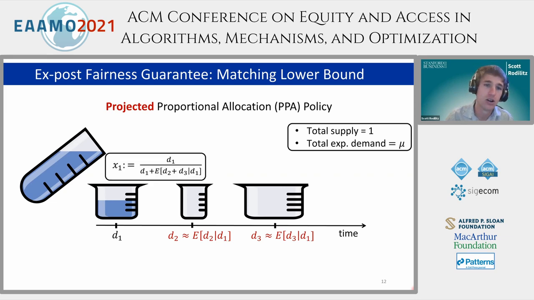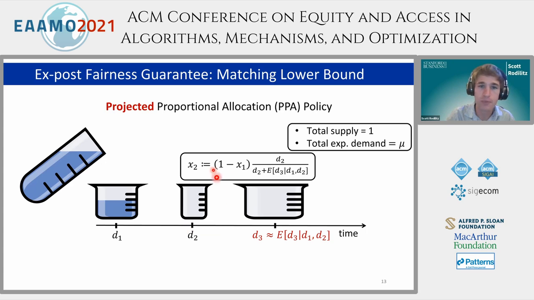To be precise, we're going to take our first observed demand, we'll take our full initial supply of 1, and we'll allocate to this first agent proportionally to what we expect total demand to be in this 3-agent scenario. Then we'll observe the second demand. We'll take our remaining supply and we'll allocate that proportionally, again, based on what we expect demand to be.